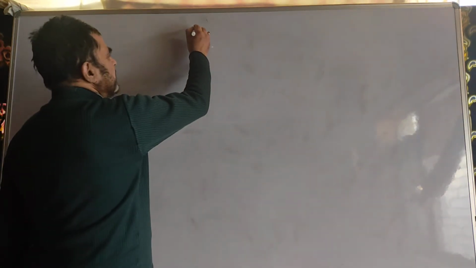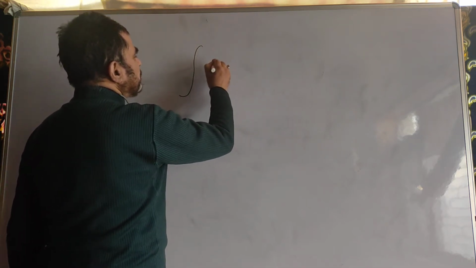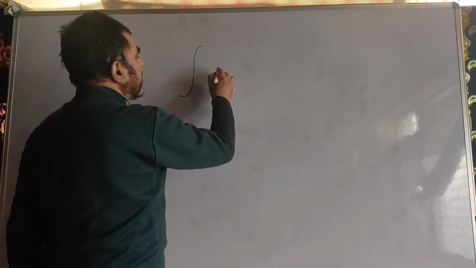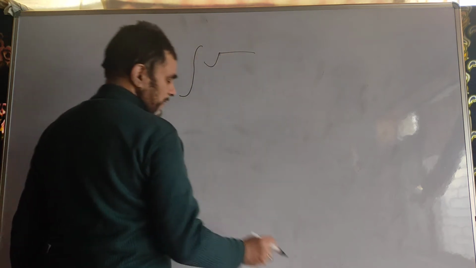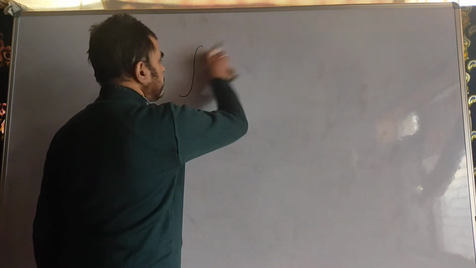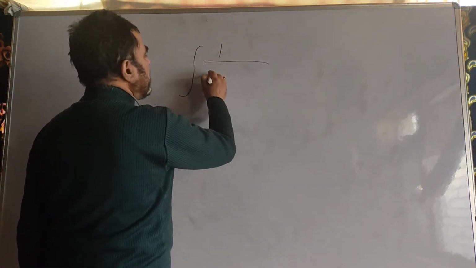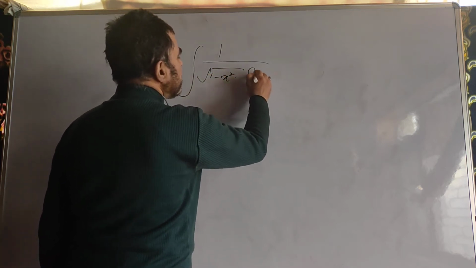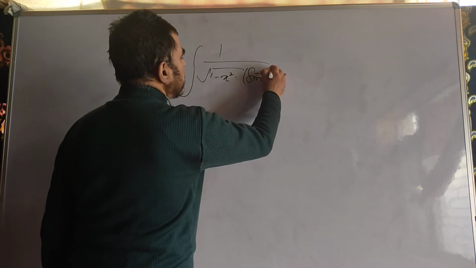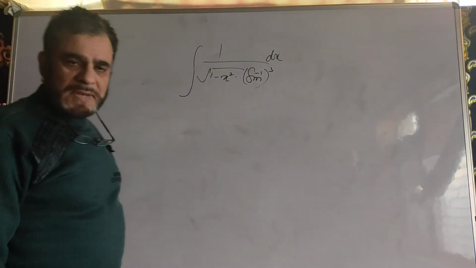Suppose sometimes I come across an integral like this: the integral of sine inverse x whole cube, into 1 by under root of 1 minus x square, dx. I have to integrate it.